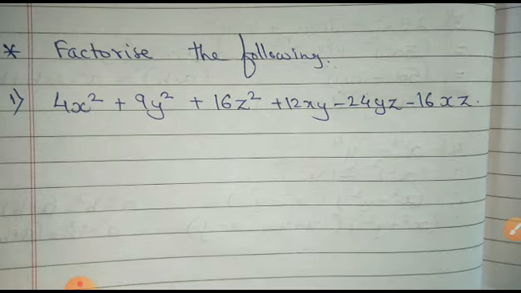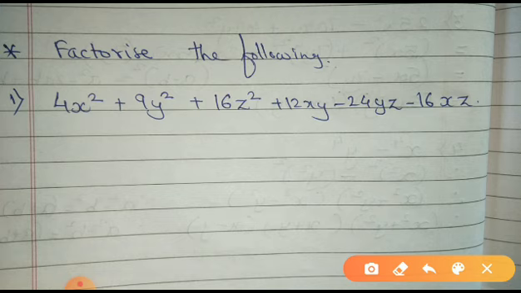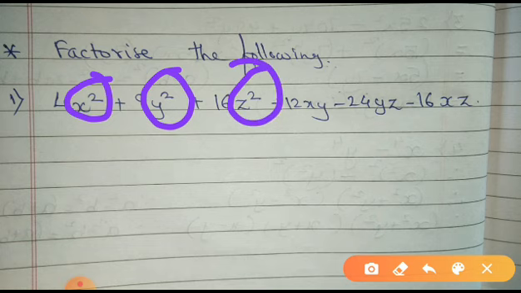Now next, factorize the following. Again, factorize the following. See what it is. How many terms do I have? 1, 2, 3, 4, 5, 6 terms. Yes, 6 terms, and that too, here x square is there, y square is there, z square is there. That means I have 3 square terms.